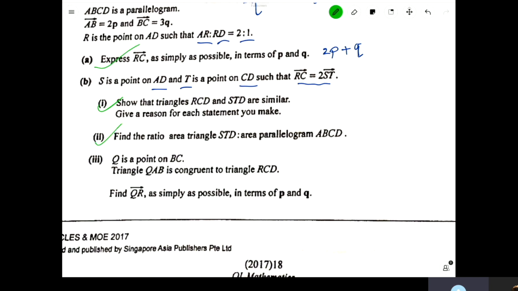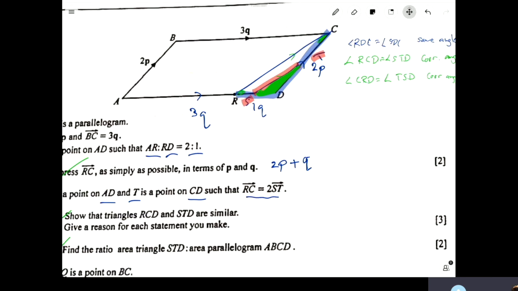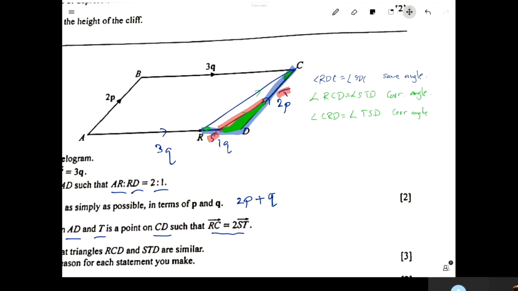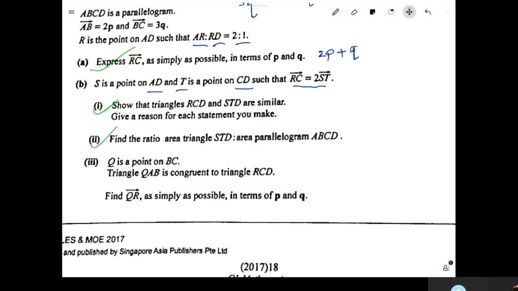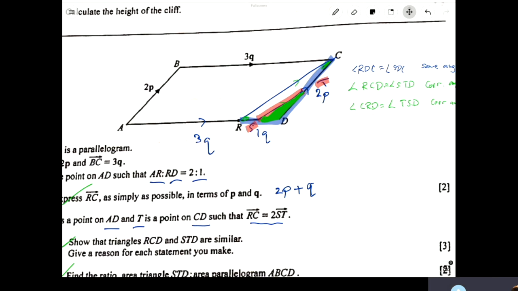Next one. Find the ratio of area of triangle STD to area of parallelogram ABCD. So ratio area triangle STD. Where is STD? So STD. Right. Versus the whole parallelogram. Half times AB. Okay, green color versus the whole thing.